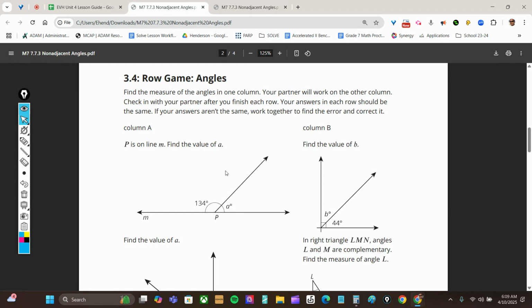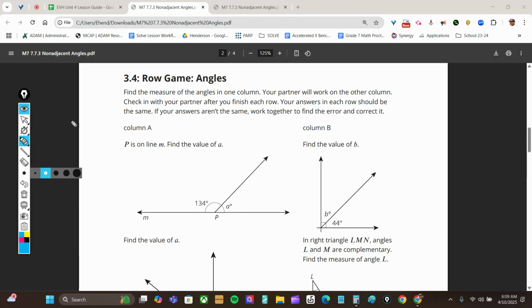Here it says P is on the line M, find the value of A. Then find the value of B, then find the value of A down here, and I guess they got some missing angles down here.